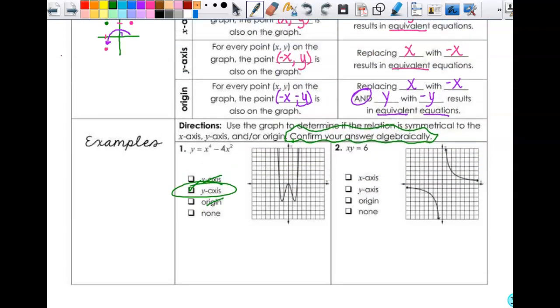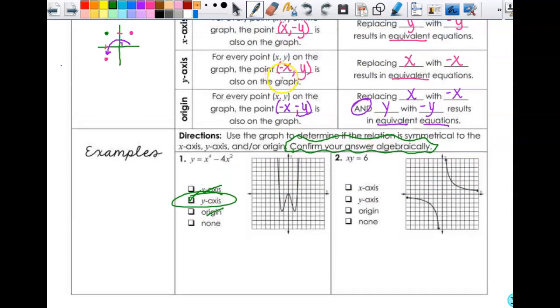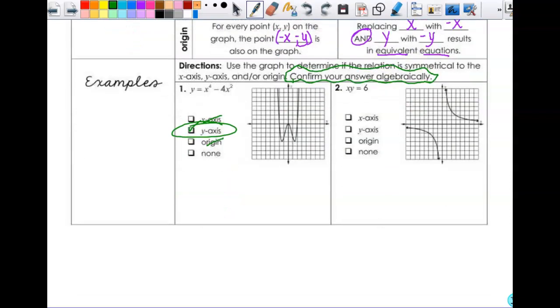So remember, it says, if I have y-axis symmetry, I'm gonna replace x with negative x and show that I get equivalent equations. So for negative x, this is going to give me y equals, I'm using this right here, negative x to the 4th minus 4 times negative x squared.